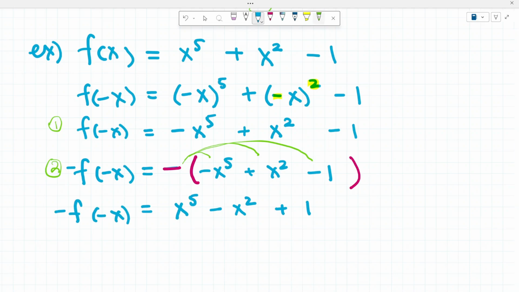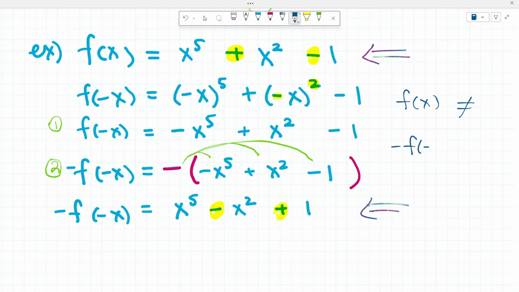Let's compare this now to our starting position. Our starting function is up here, and this is what we ended up with. We can see that we have a few mismatched negatives. We've got a plus here and a minus here, and a plus right over here. As a result, we can see that our f of x does not equal negative f of negative x.